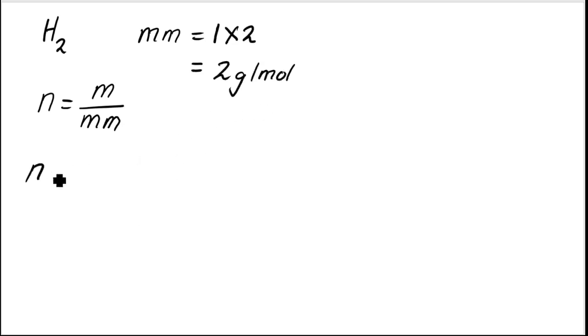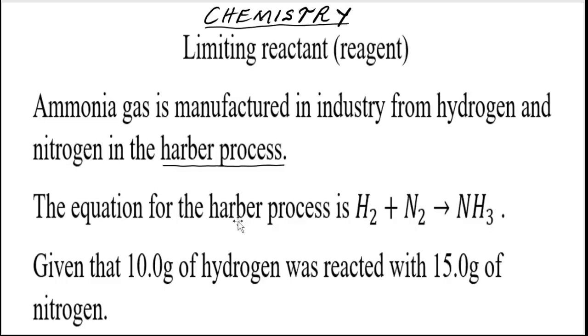So the number of moles is going to be the mass given. According to the question, they've said, given that 10.0 grams of hydrogen was reacted with 15.0 grams of nitrogen.